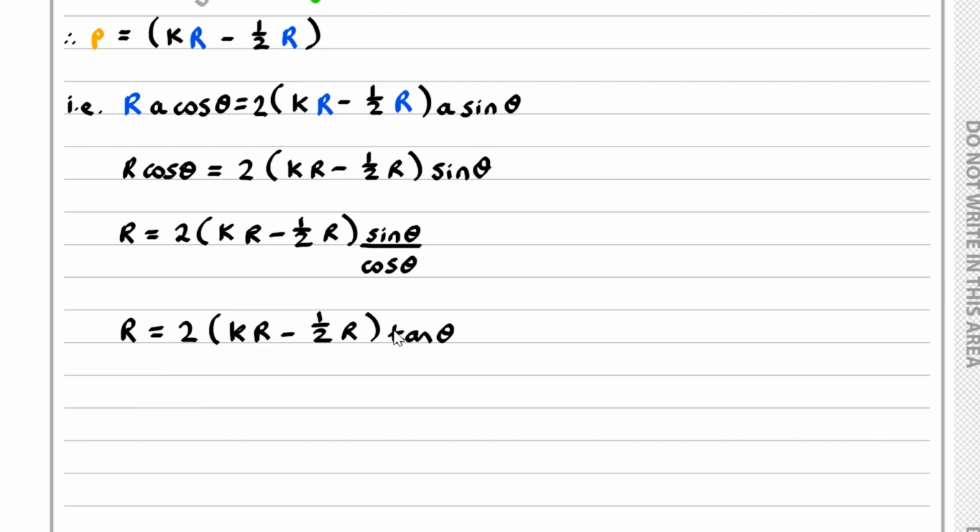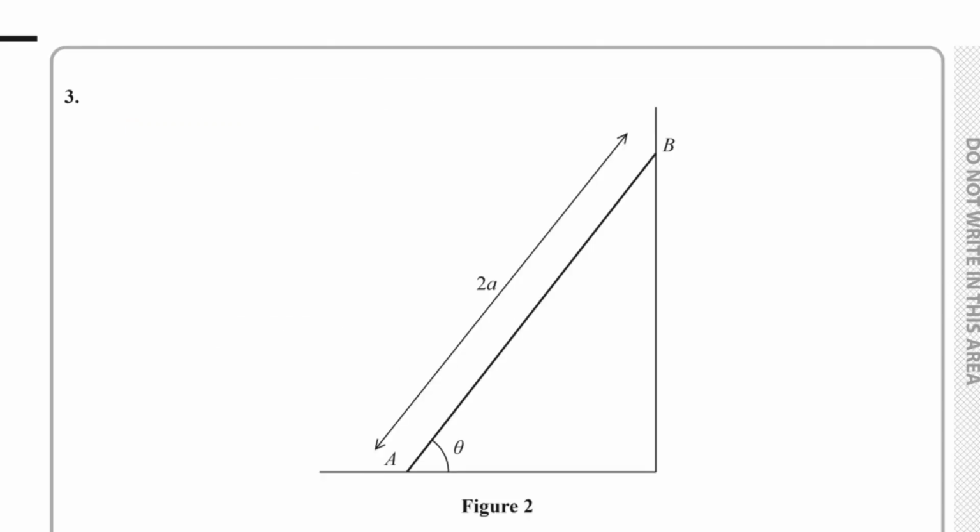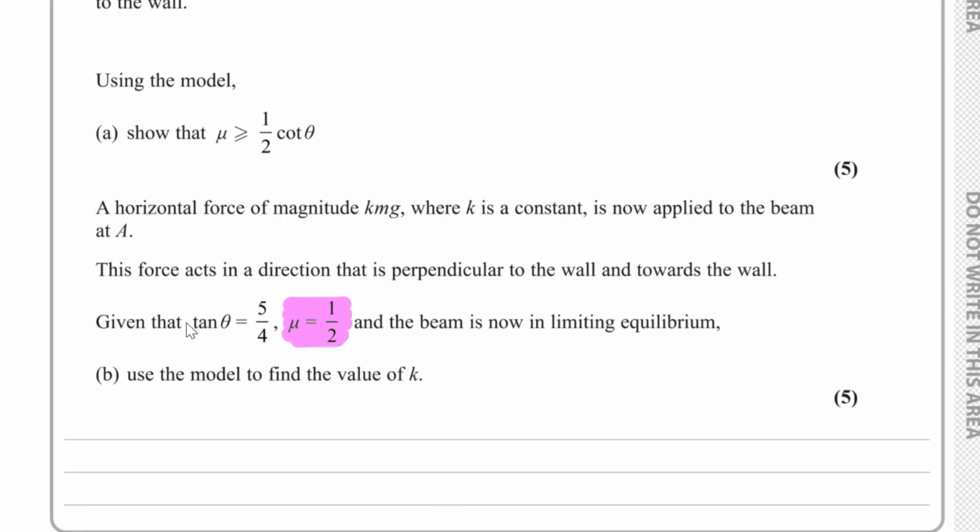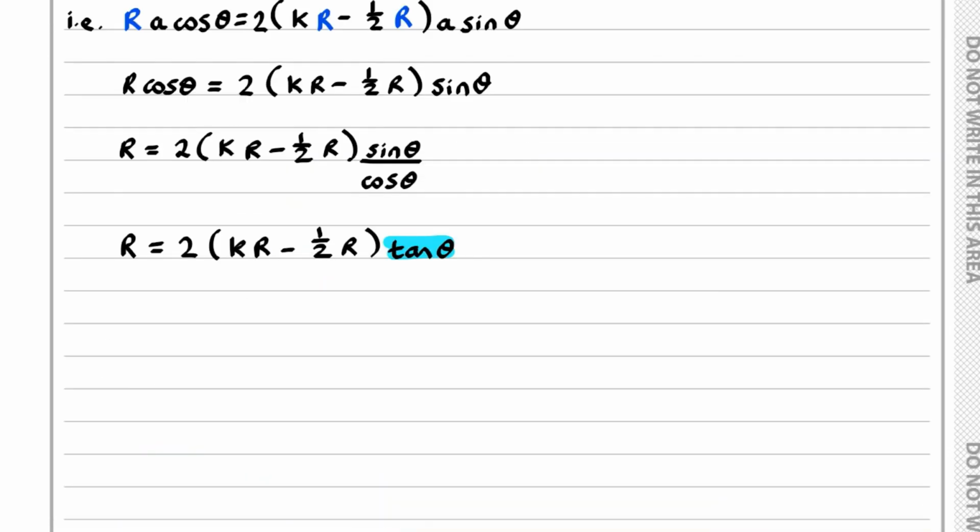We already know what tan theta is. We were told in the question tan theta is equal to 5/4. So we have R equals 2 multiplied by KR minus 1/2 R multiplied by 5/4. Of course, 5/4 is what tan theta is.